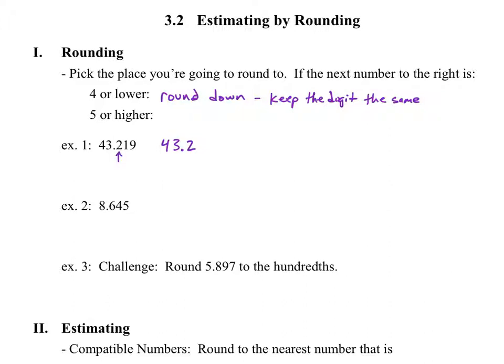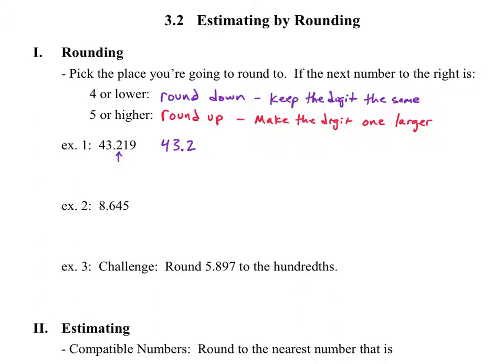If we want to round up, a 5 or higher, then you round up. And by that, I'm going to say make the digit that you had picked before 1 larger. And by that, we basically mean we are rounding up. Okay, so I have 43.219, I can make it 43.2.